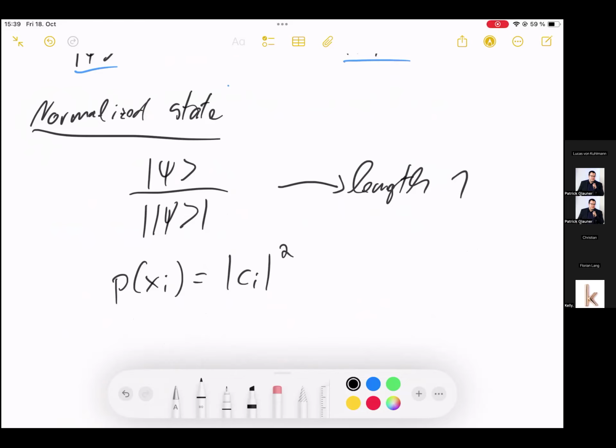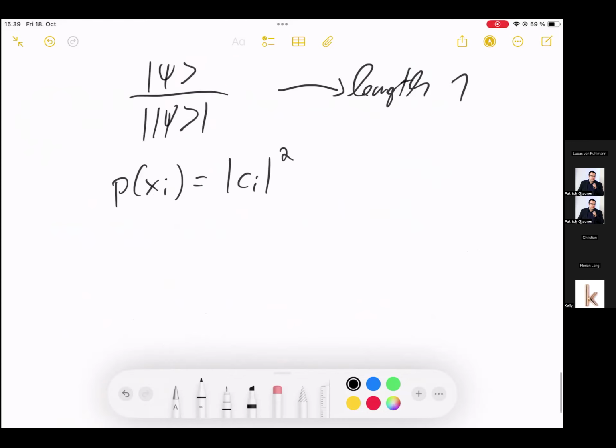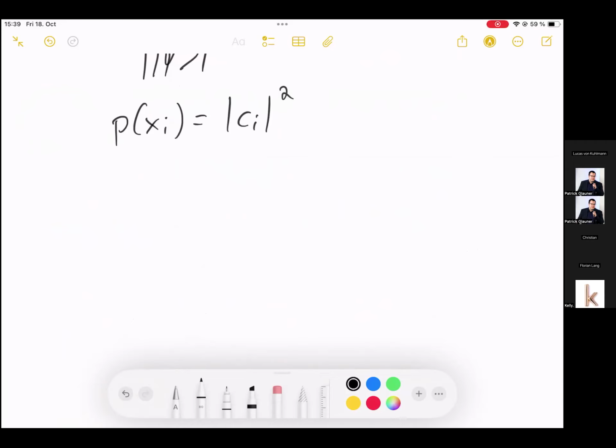And there will be a quick exercise for us to try this together. We say we have a new state psi ket, and its entries are 2 minus 3i, 1 plus 2i. We want to see how we can normalize this one.